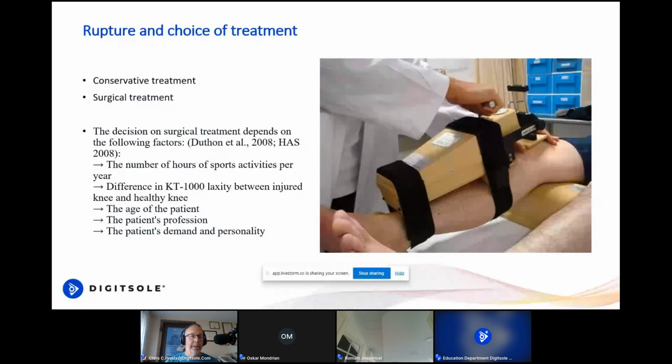Other characteristics that we'll use to determine is what is their level of physical activity? And it could be related to the age of the patient, but not always. If they're younger age, surgery is very commonly done, even if they're not going to be a high level athlete. And the reason is that there'll be too much structural integrity loss.